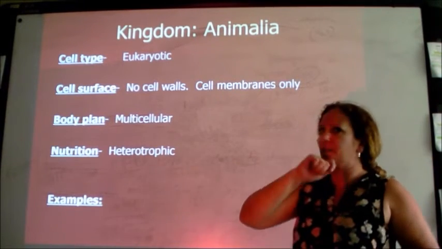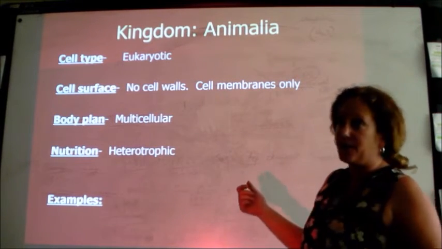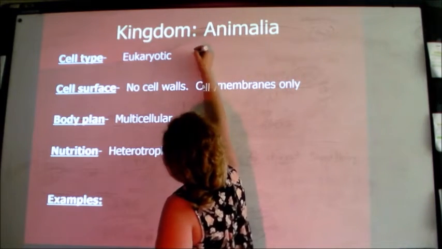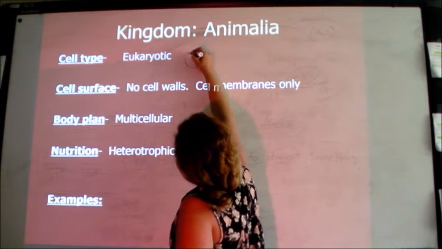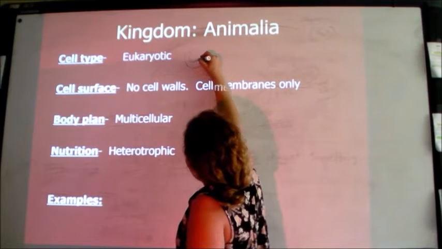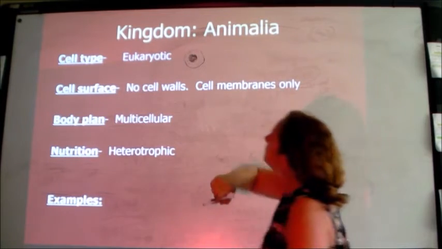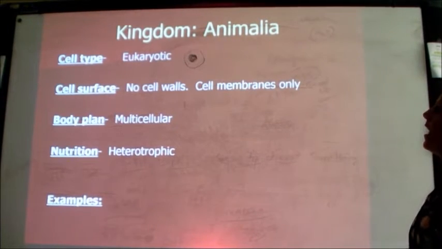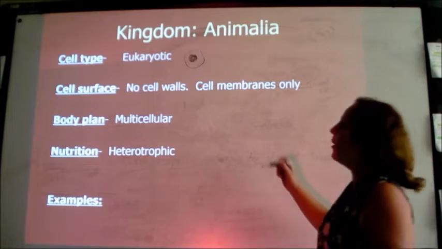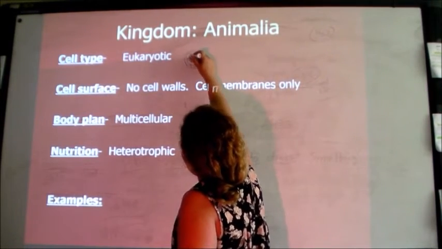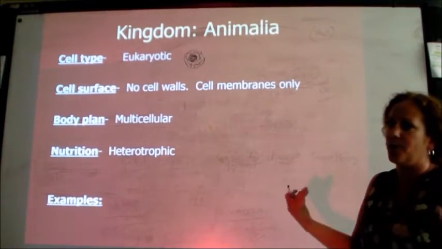I scraped your cheek cells and looked at them underneath a microscope. You saw the nucleus in there. When you looked at your own cheek cells, they were kind of round. You saw some shading. You saw the nucleus in there. Everything else was too small to see.